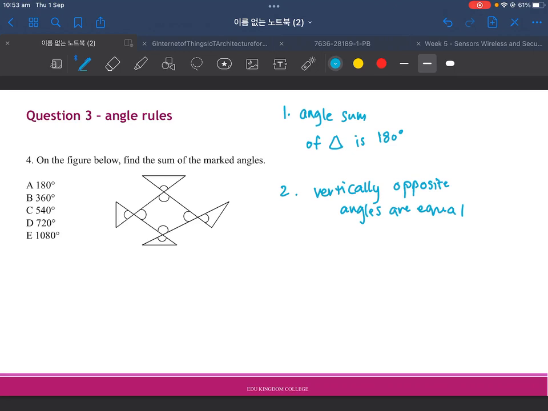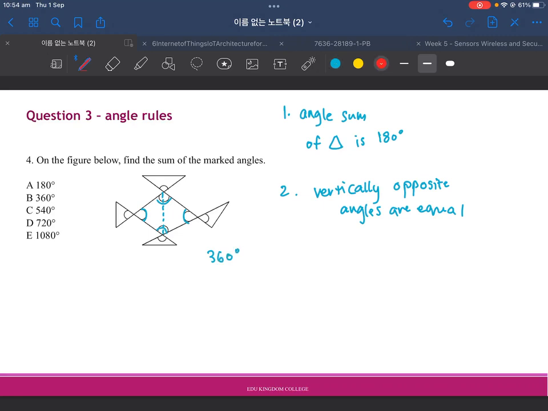So if angle sum of triangle is 180, then we can actually find the angle sum of this quadrilateral inside. How? Because this quadrilateral is only 2 triangles. So if it's 2 triangles and we know each triangle sum is 180, then this interior angle sum 2, 3, 4 must be 360 degrees, right?